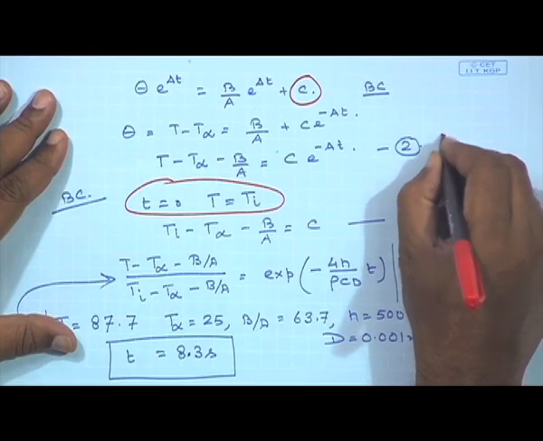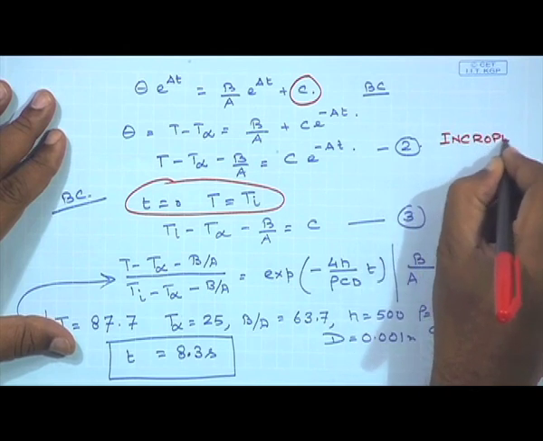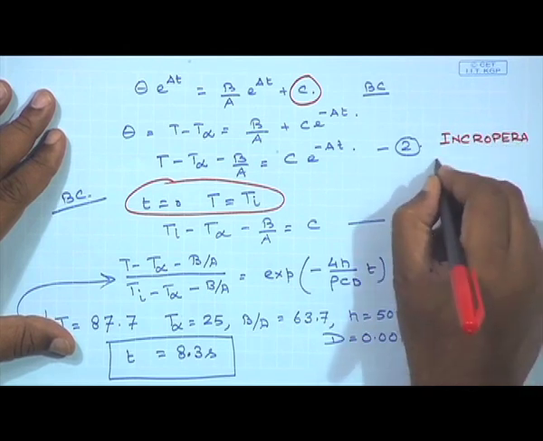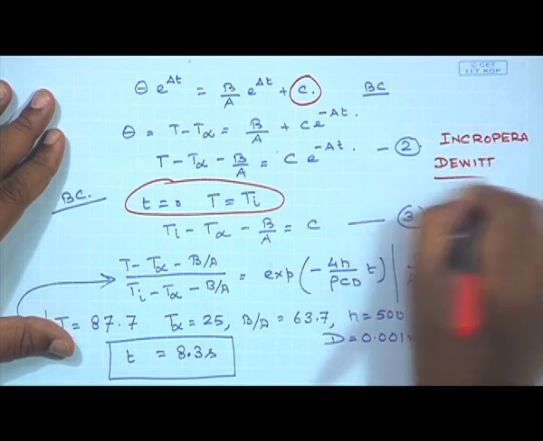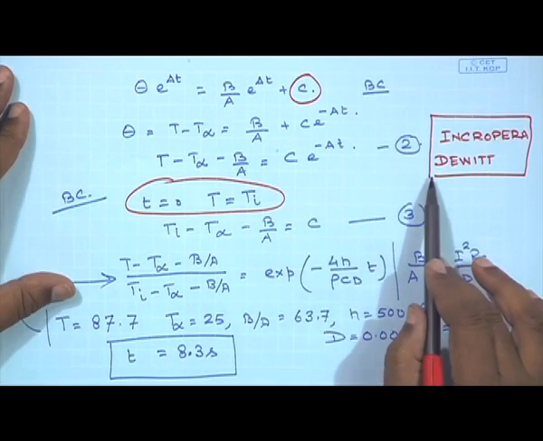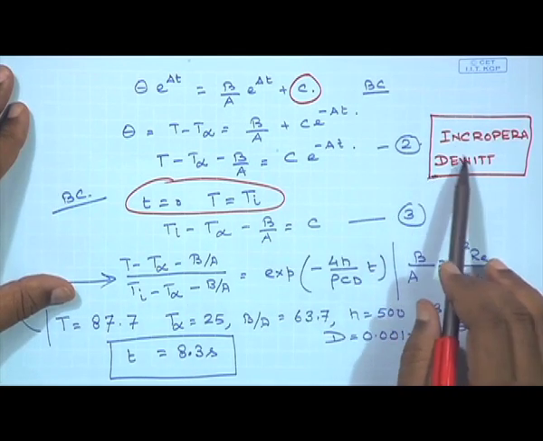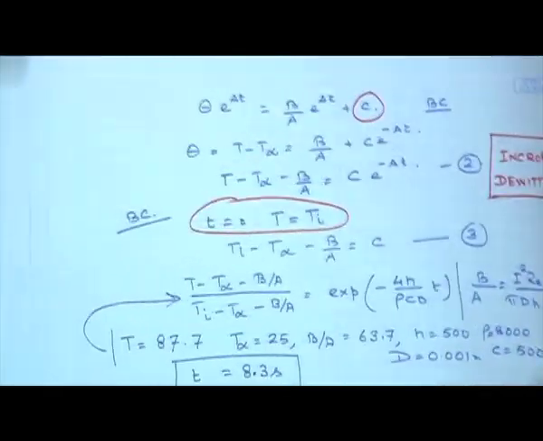The book I have used for this specific part is Incropera and DeWitt, the book of heat transfer. The entire transient conduction part you should be able to find in the book of Incropera and DeWitt.